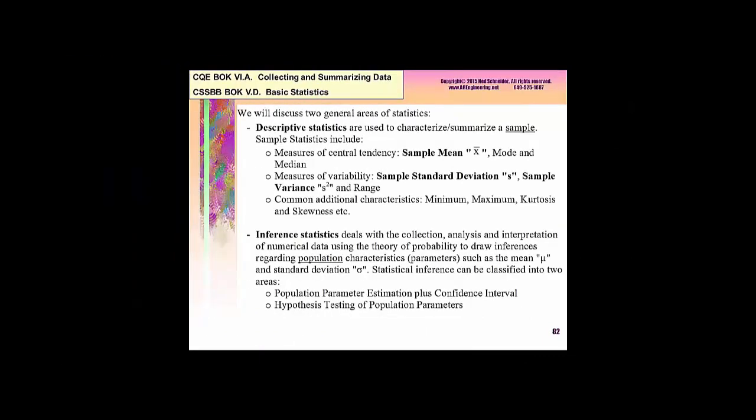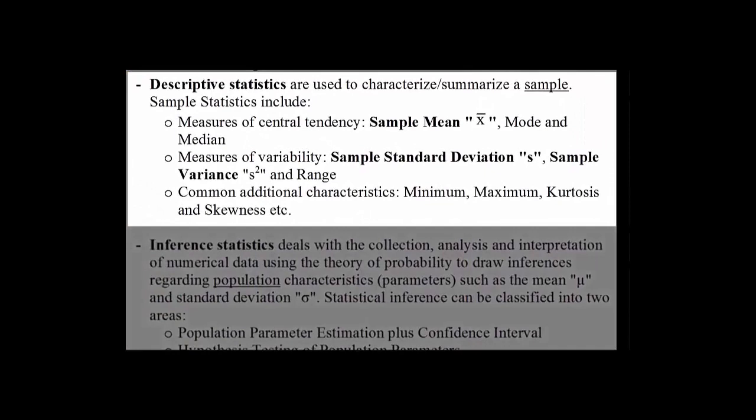Two general areas of statistics are descriptive statistics and inference statistics. Descriptive statistics are used to characterize a sample. Sample statistics include measures of central tendency, such as the sample mean, X bar, the mode, and the median.